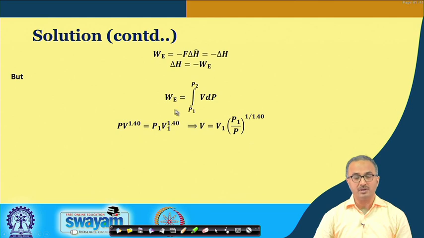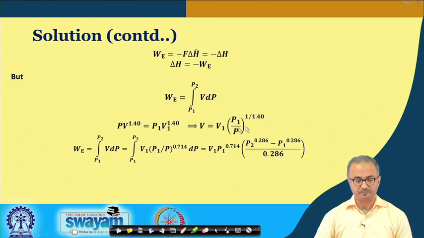So, now the WE is to be found from this particular integral, that is V dP, and the pressure is going from P1 to P2. Now, here what we do, we replace this particular V in terms of the pressure from the given expression. So, here we find that V equals V1 into P1 by P to the power 1 by 1.4.